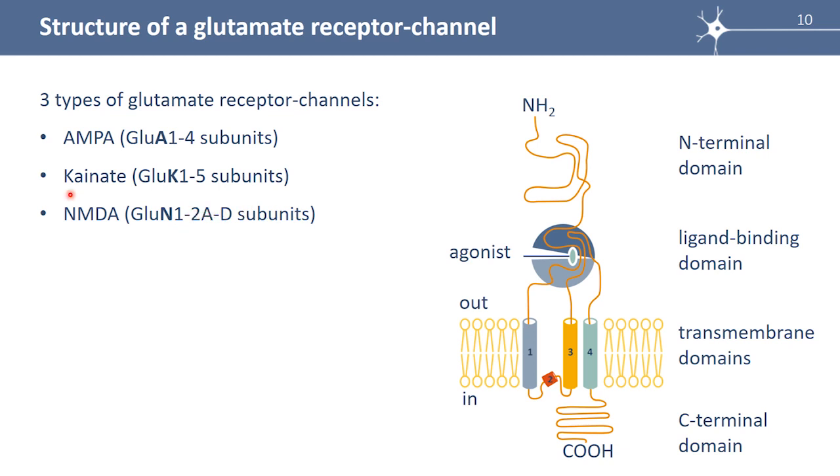We will see that precisely later on. These subunits do not mix with each other, so AMPA are only made up of GluA, kainate of GluK, and NMDA of GluN. Though these subunits are very similar, they have a similar organization like this, but they never mix up to make a channel.